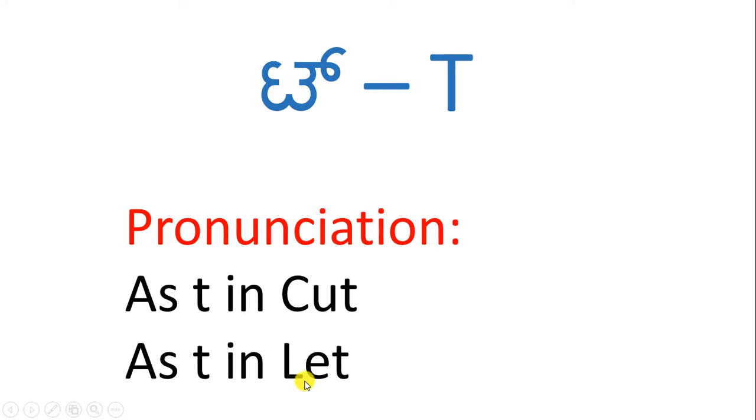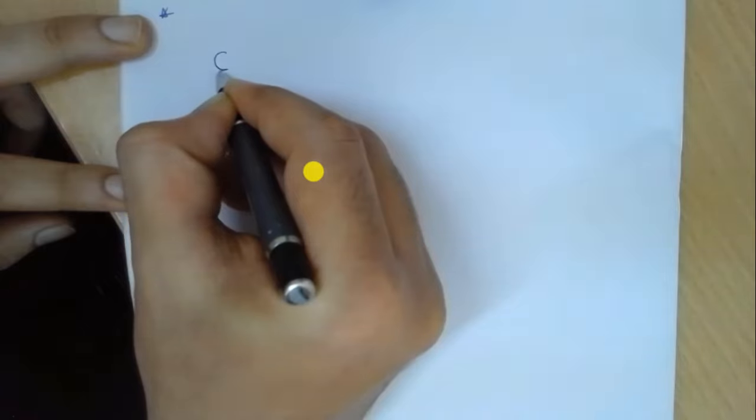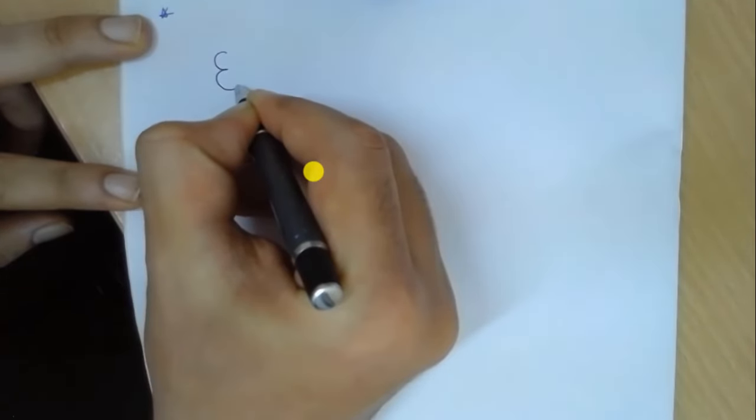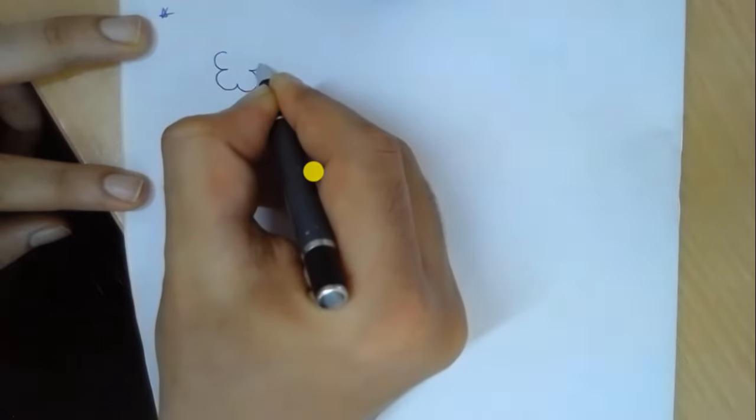If l and e are not there in let, then the small t would sound like t. So that is how this root consonant is pronounced. And now let us see how to write it. So this is how we write the root consonant.